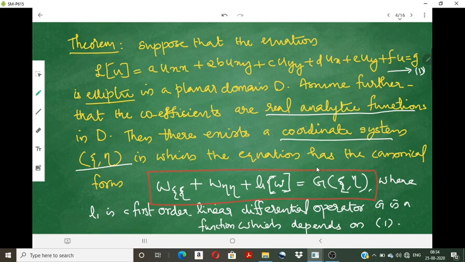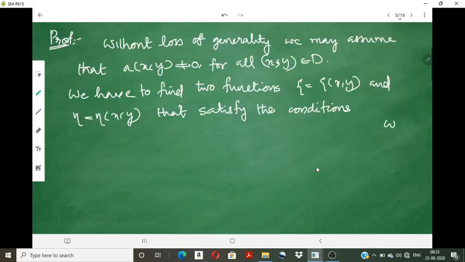And the second thing is the coefficient of W theta eta must be 0.